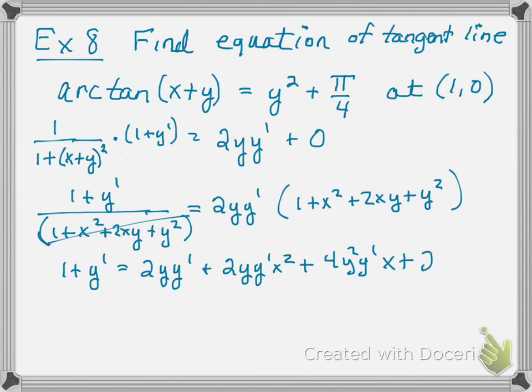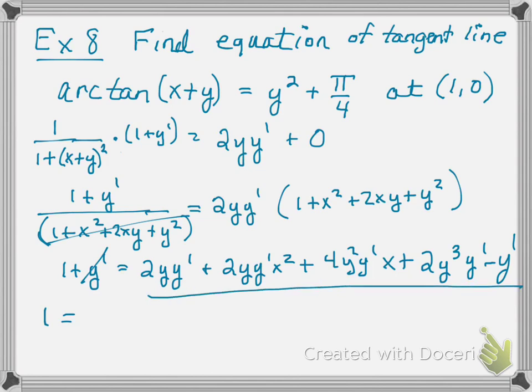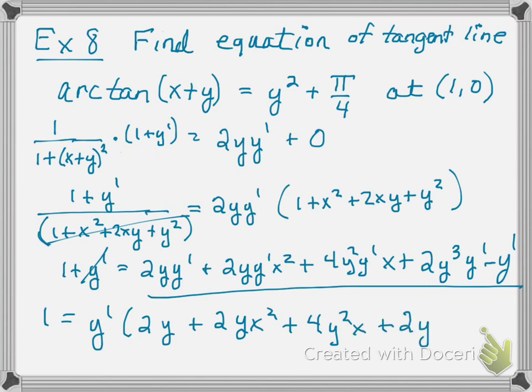And then for the last term, I get a 2y cubed y prime. Okay, so now I'm going to take this y prime that's here and move it over here so all my y primes are on the same side. And since I have all of these have a y prime in them, I'm going to factor out a y prime. So if I do that, I'm left with a 2y plus a 2yx squared plus a 4y squared x plus 2y cubed minus 1.